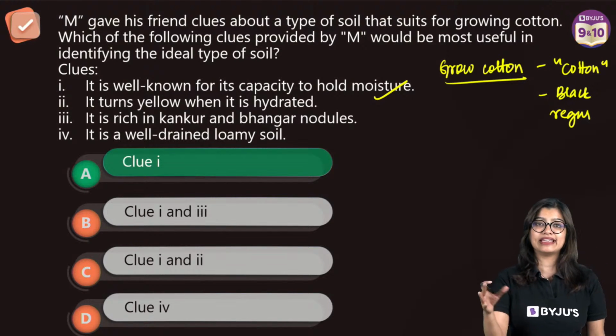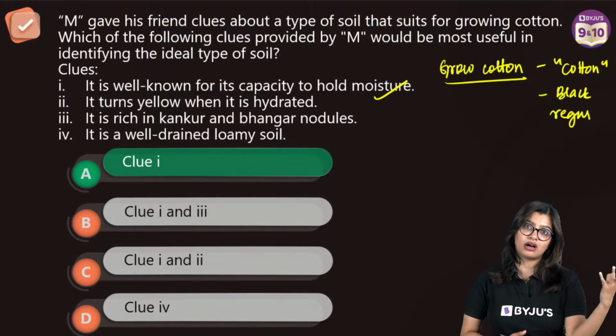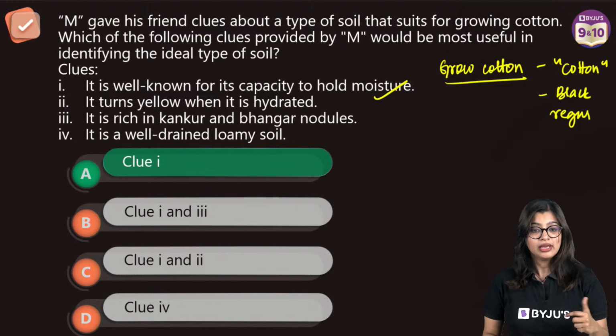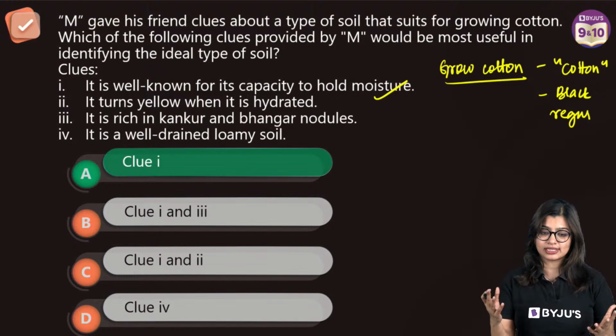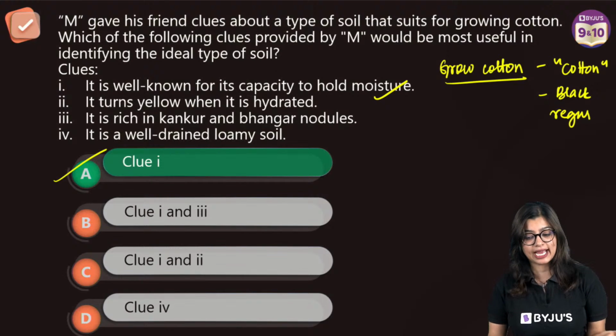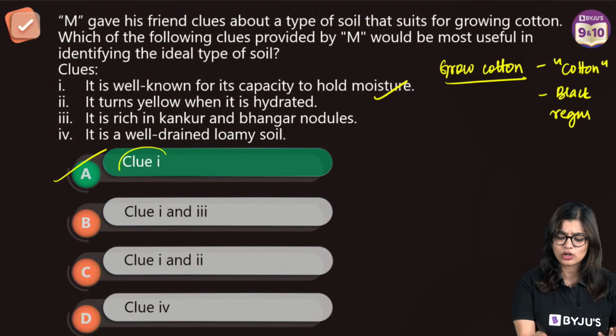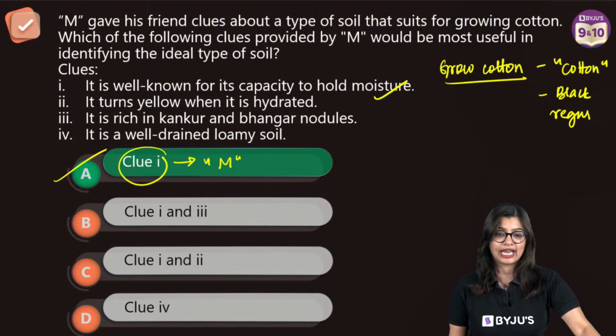Red and yellow soil is the other one here. Kankar bhangar is your alluvial soil, right? Well drained loamy soil is with reference to your forest soil, which is why in this case the answer is option A. Very simple and easy. Only clue 1 will give an idea of what kind it would be.